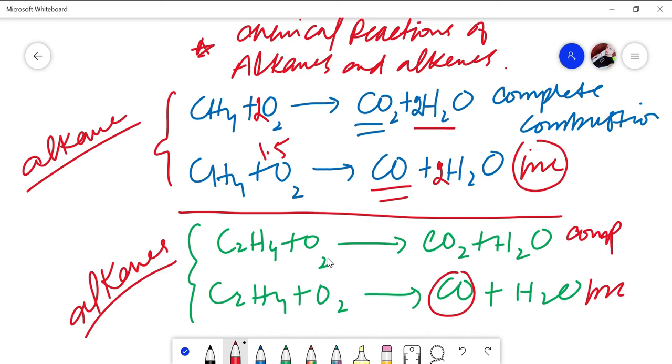Now uses of carbon dioxide and side effects of carbon monoxide. So let me focus on that point.